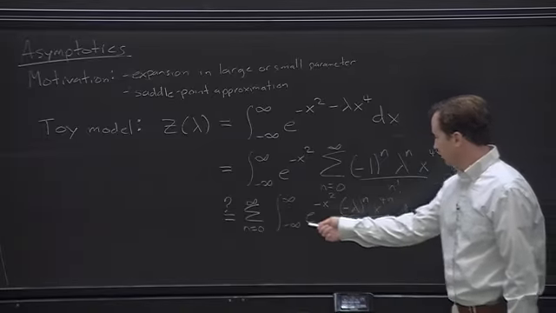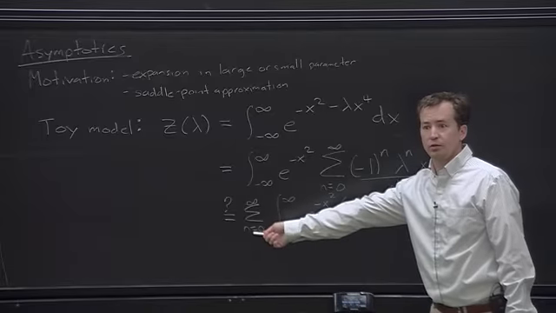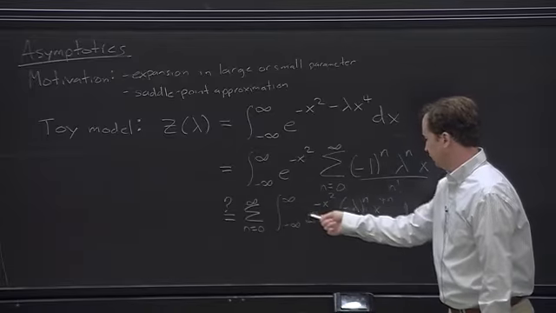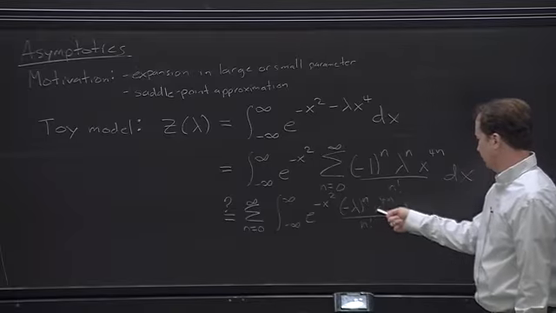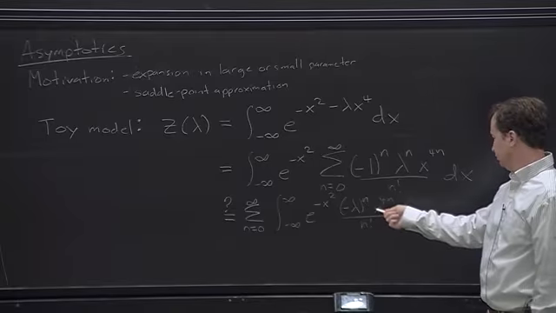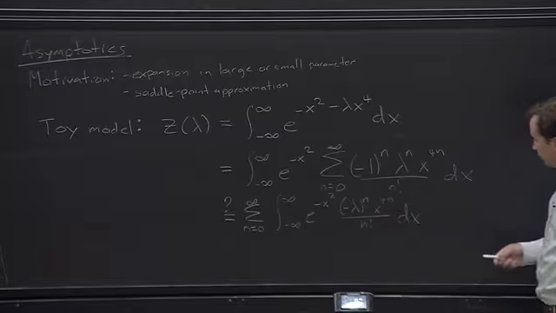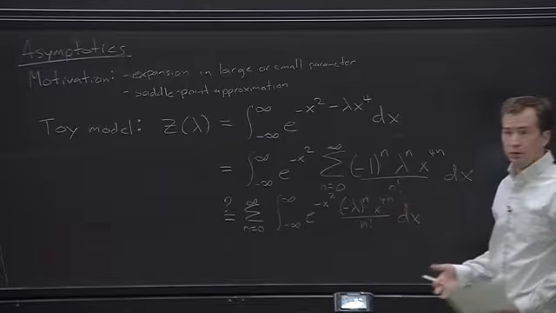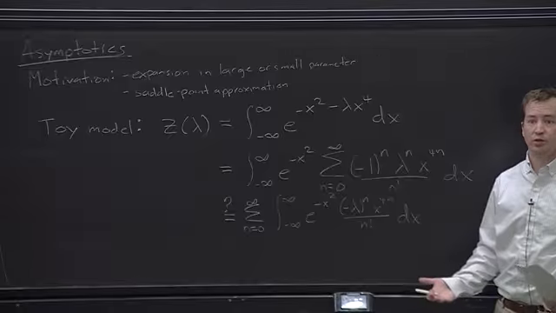So each of the terms in this series is an integral of e to the minus x squared times a monomial in x. Those are one generalization of Gaussian integrals.